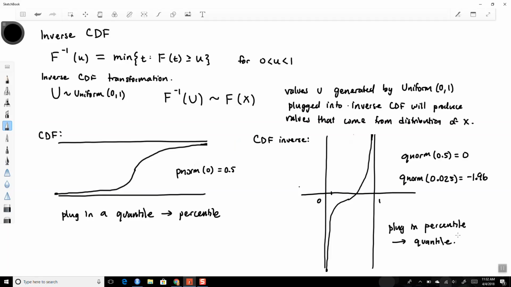So that's where the P and the Q come from, the terms percentile and quantile. So you plug in a quantile, and P norm gives you the percentile, and Q norm you plug in the percentile, and it gives you the quantile. The inverse CDF here. Okay.